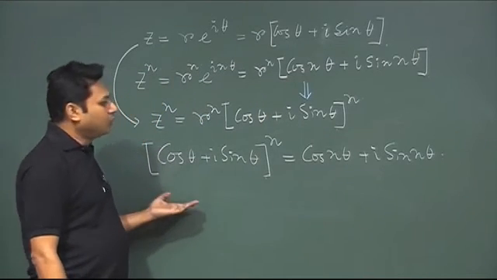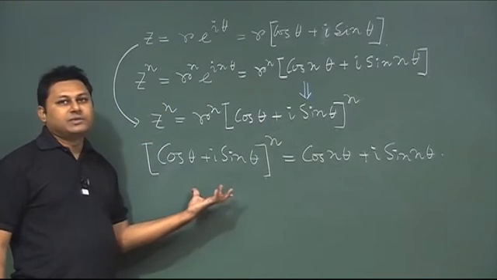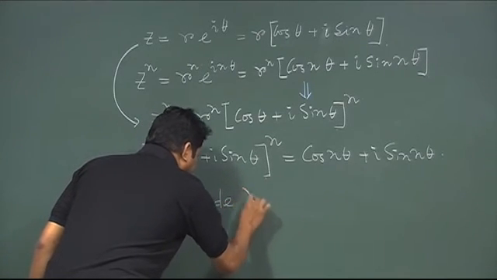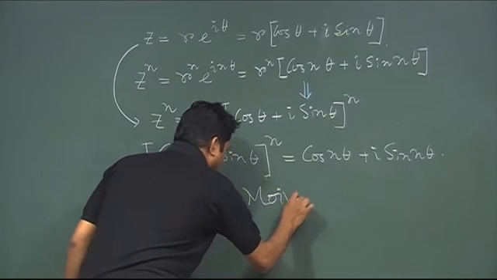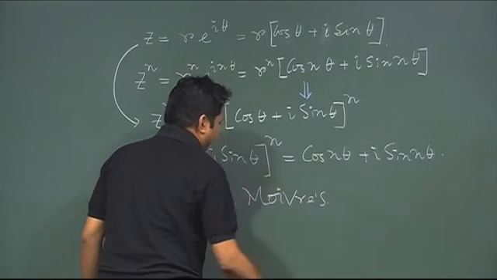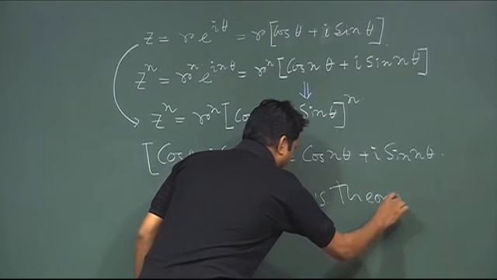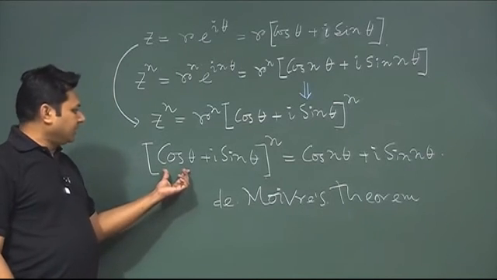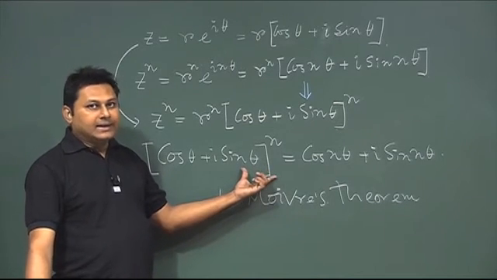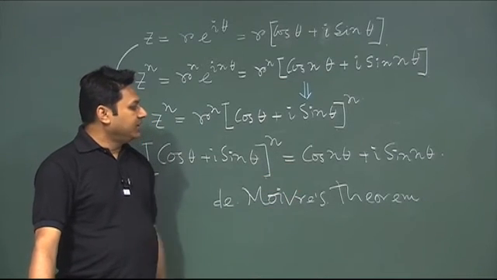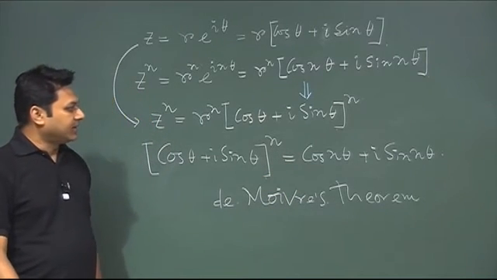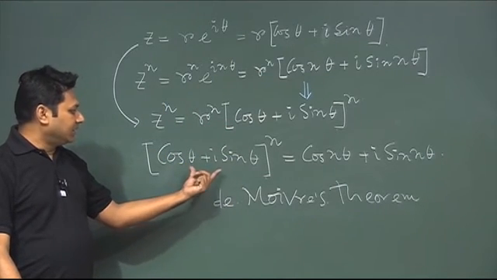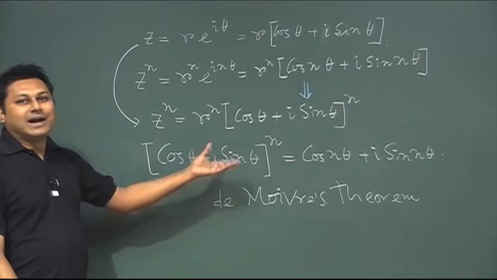I believe all of you taking this course are aware of this identity, which is called de Moivre's theorem. This de Moivre's theorem suggests that if we have cos theta plus i sin theta whole to the power n, then this value will be nothing but cos n theta plus i sin n theta, which comes quite obviously. But this is a very interesting identity in my opinion.